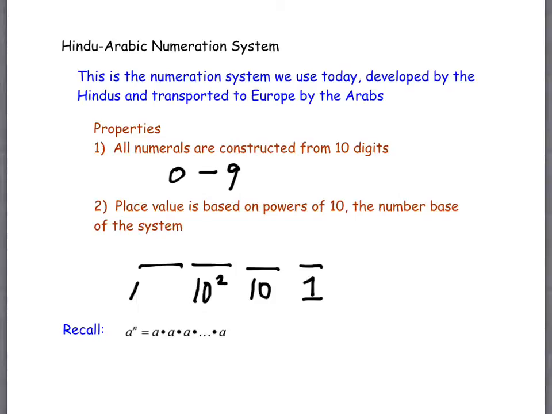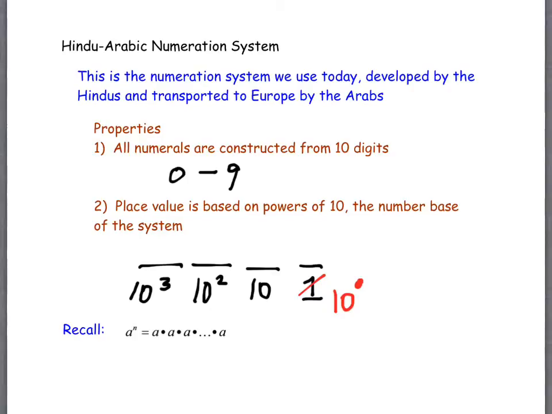We have the thousands place, that's 10 cubed. And I could also write 1 as 10 to a power. Do you remember what that would be? It's 10 to the 0. The fact that we have these places is because we have a base 10 number system. We're going to look in another section at different bases besides base 10.